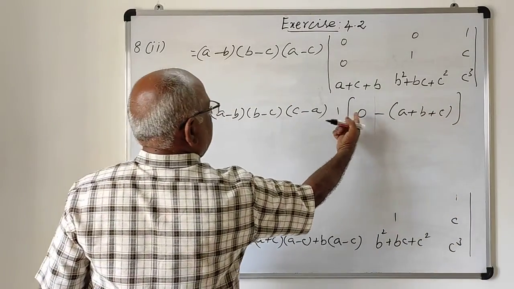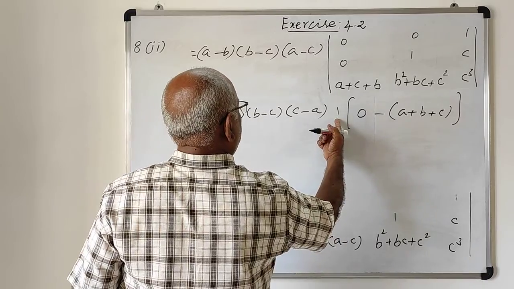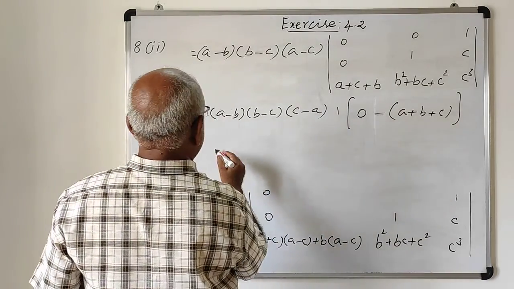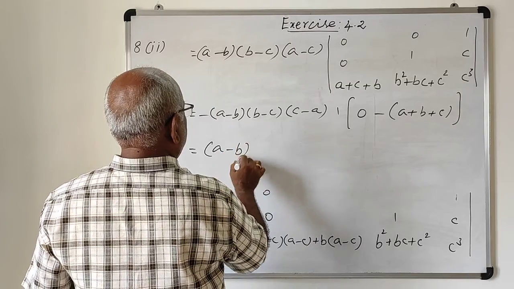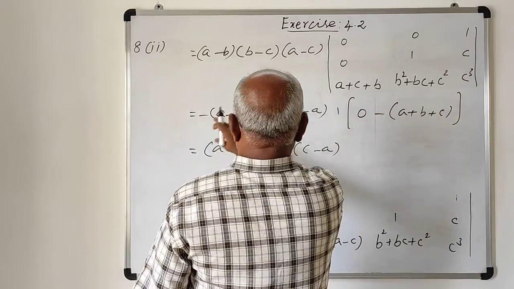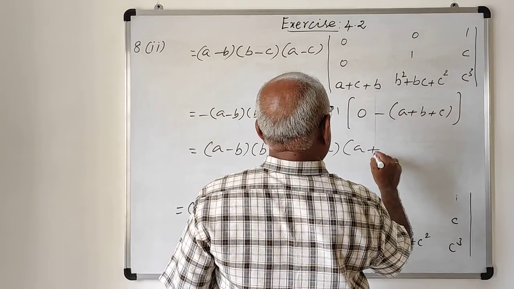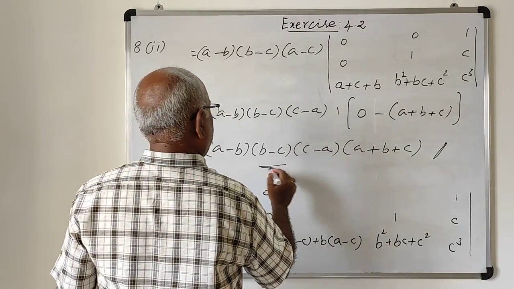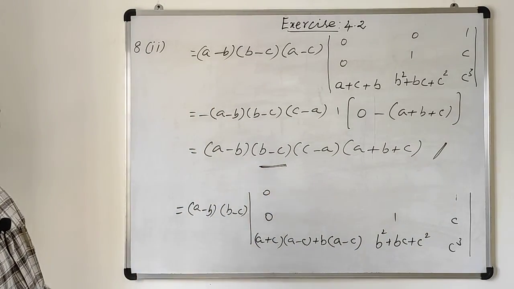So minus into minus plus, you get a minus b, b minus c, c minus a into a plus b plus c. It is the required answer. That's all about the problem. Okay?